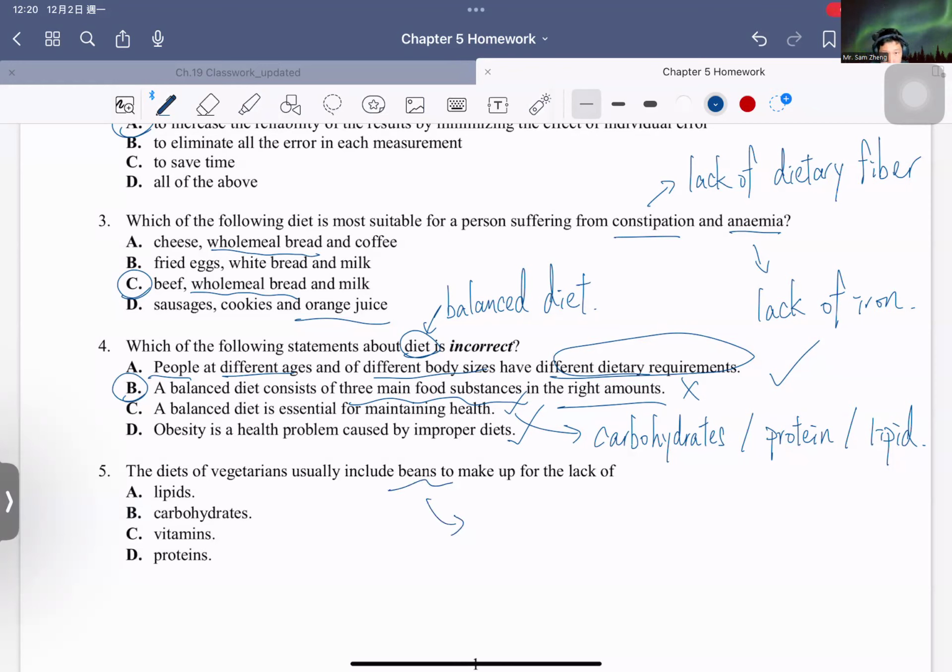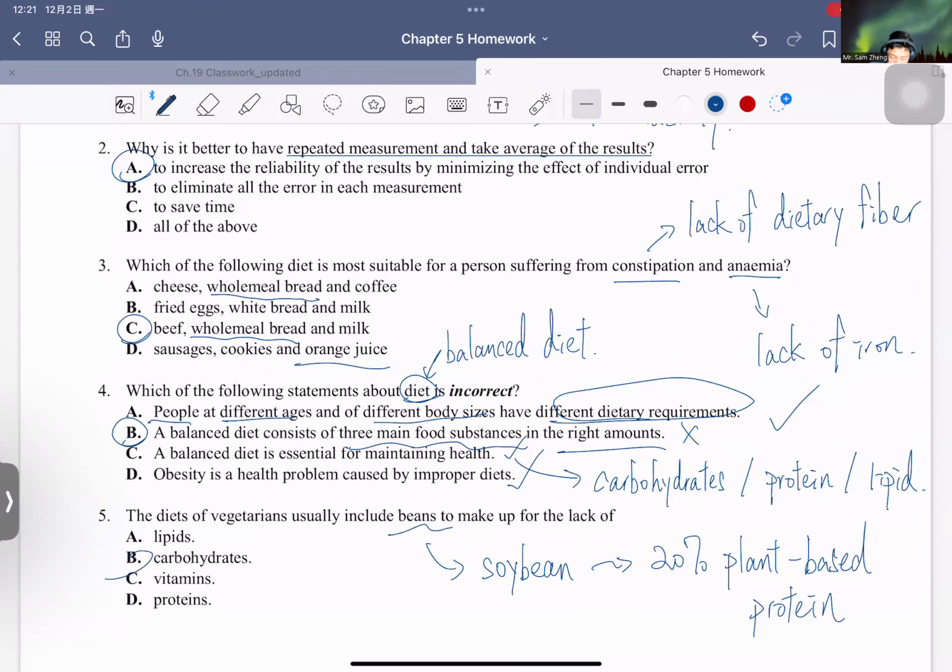For example, in the extended study table, we will notice that in fact 20% of the soybean is made up of protein, the plant-based protein. So therefore, the answer here would be D.